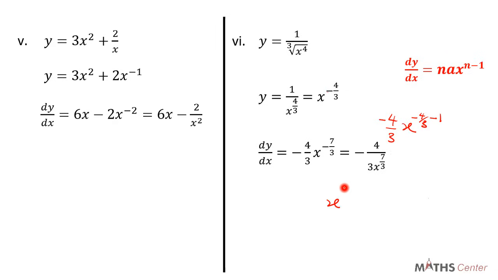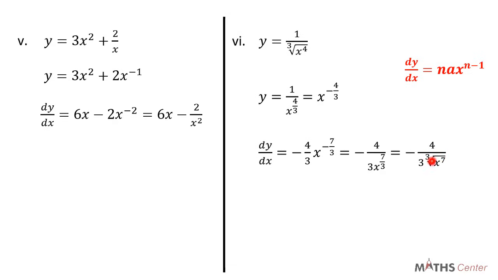X exponent 7 divided by 3 is basically the cube root of x exponent 7. So 3x exponent 7 divided by 3 can be written as 3 times the cube root of x exponent 7.